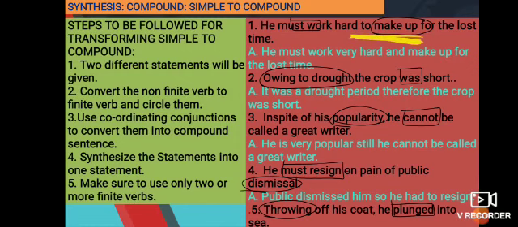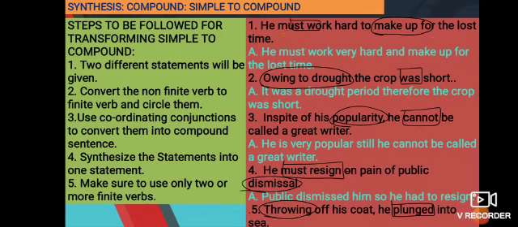So to make up is a non-finite verb that you have to circle. So all non-finite verbs you will circle, and all finite verbs you will put in a box. He must work hard to make up for the lost time. So must is the finite verb, put a box.